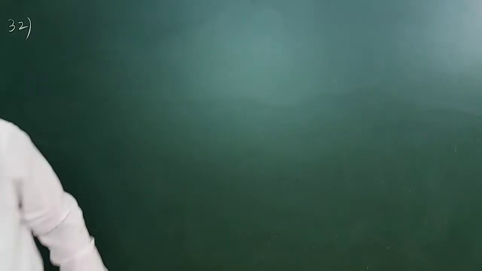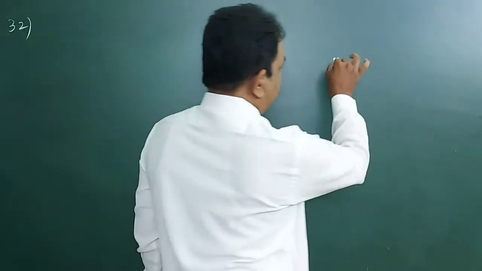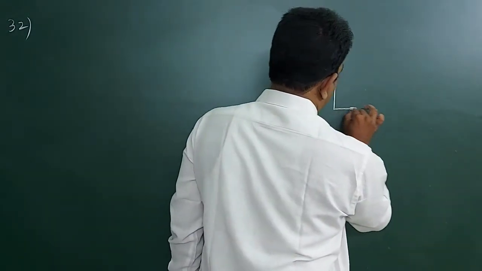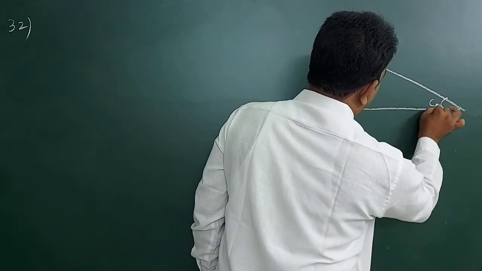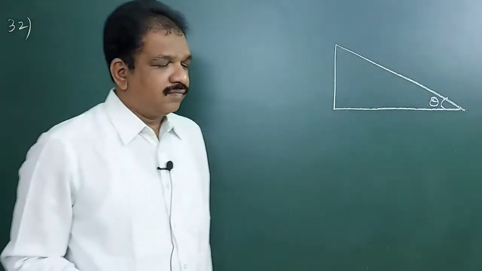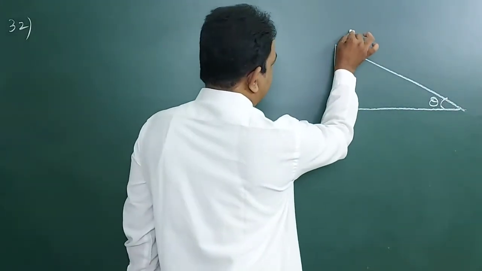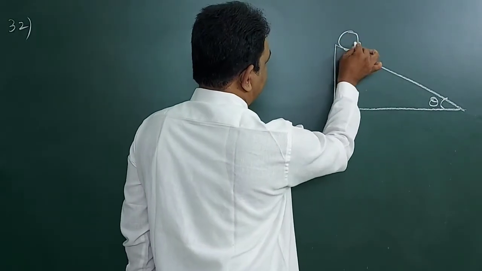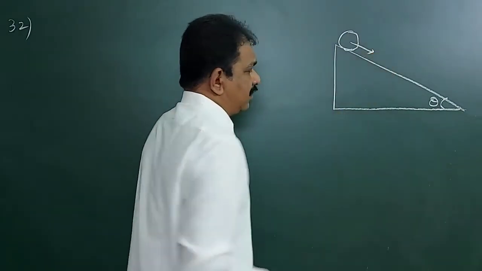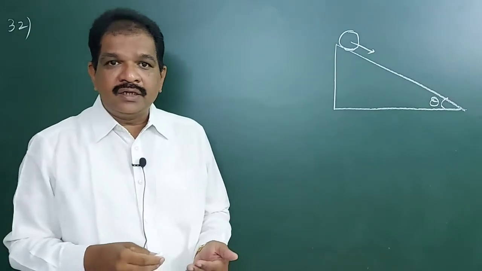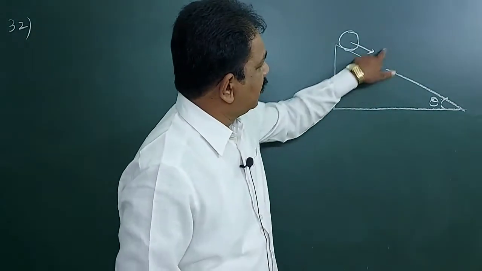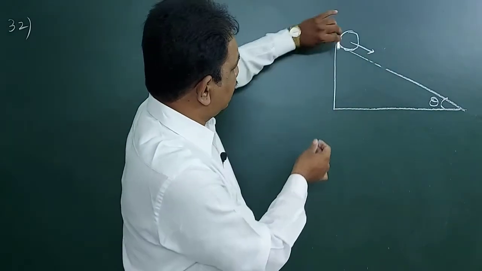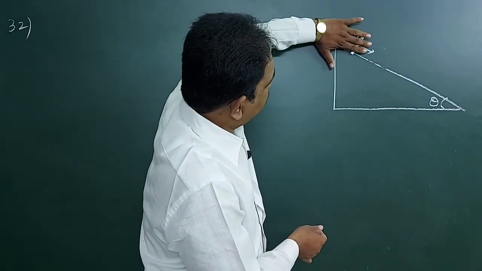So, there is an inclined plane like this. The angle of inclination will be theta. Here there is a sphere. First of all, it is rolling down without slipping.